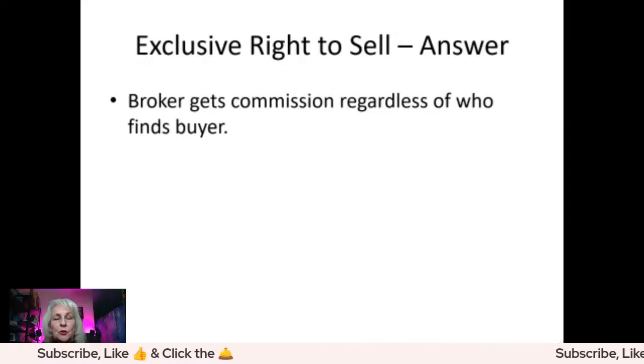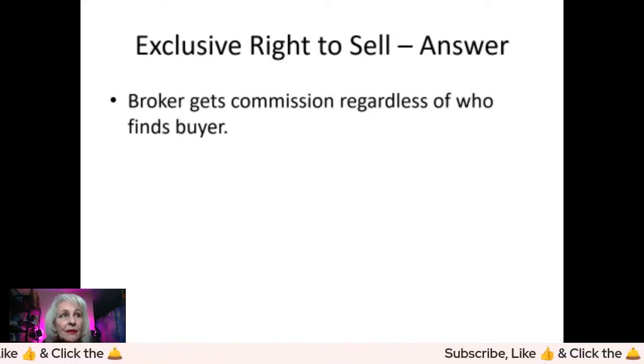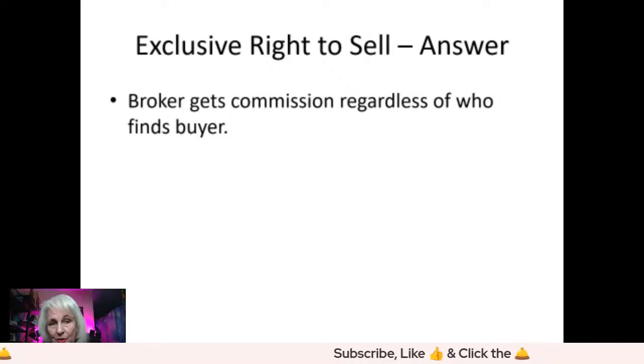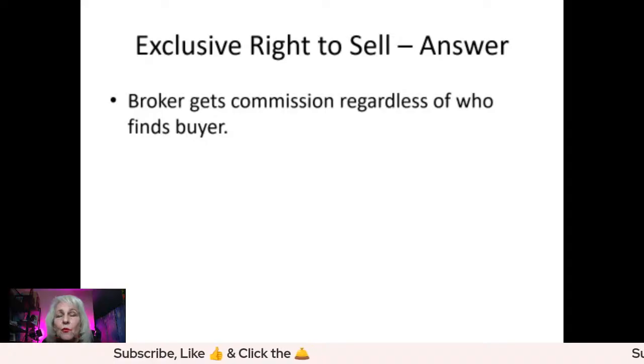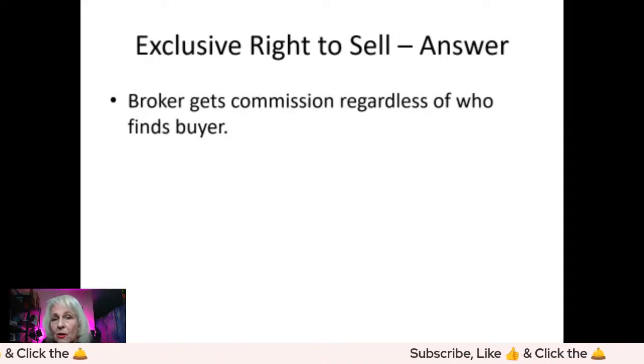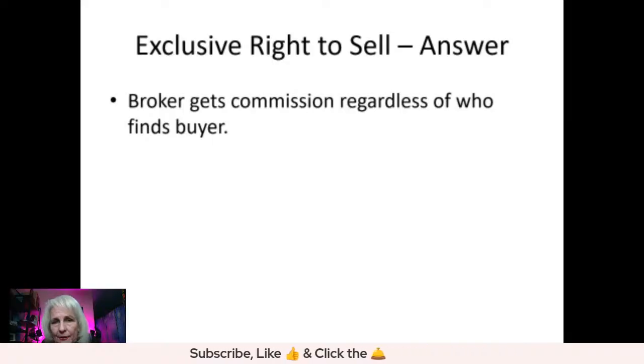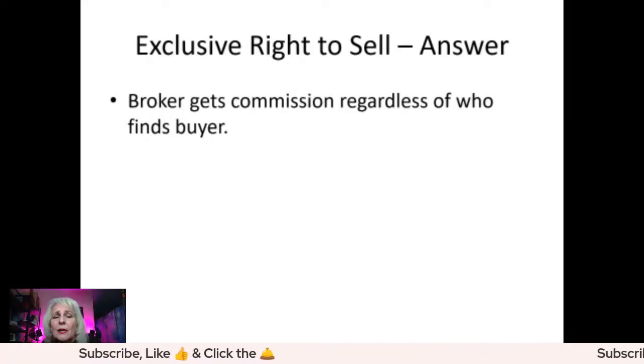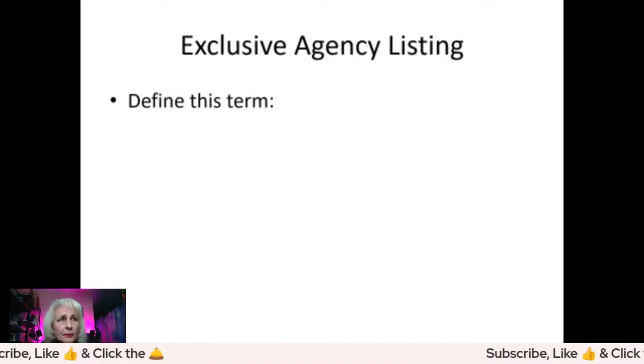There's exclusive agency, and we may discuss that, but exclusive right to sell is that the broker gets paid commission whether the seller procures the buyer, finds the buyer, or the realtor attracts realtors to bring a buyer. Either way, the brokerage gets paid.